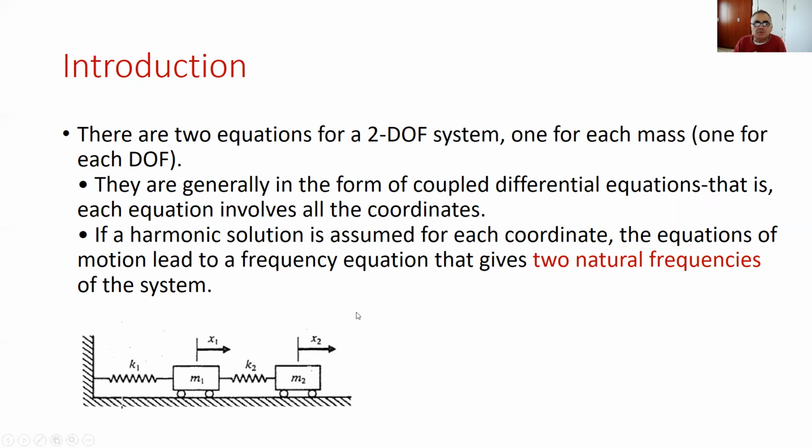And if you solve those matrix equations, you will see that you get not just one natural frequency, but multiple natural frequencies. For a 2 degree of freedom system, we are going to get two natural frequencies, at which the system, if excited, is going to get into resonance.